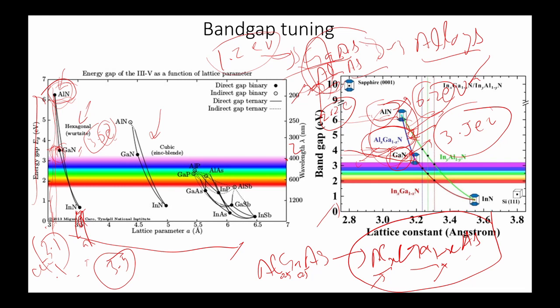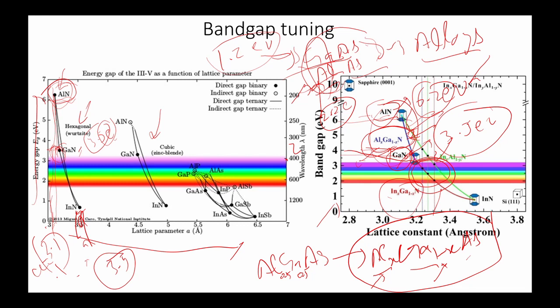The semiconductors which lie in this region, which is indium aluminum nitride and indium gallium nitride or gallium indium nitride, can be used for LED applications, which emit in the visible region, and photo detectors which detect light in the visible region.